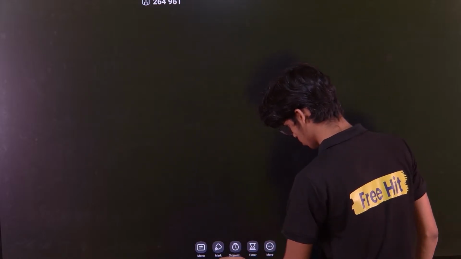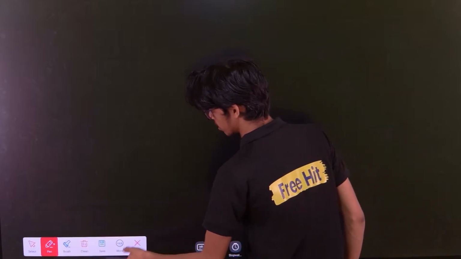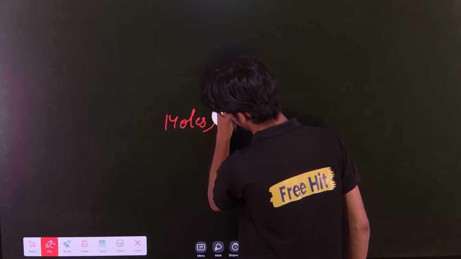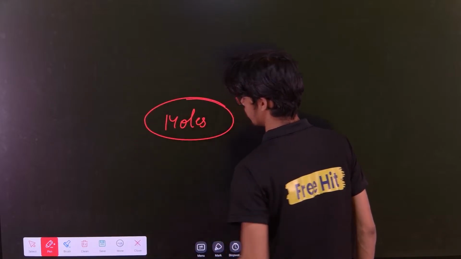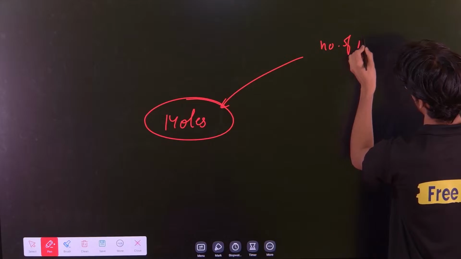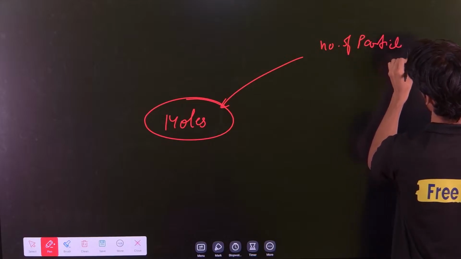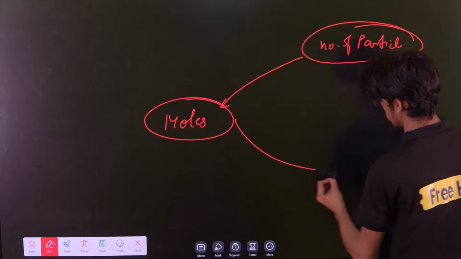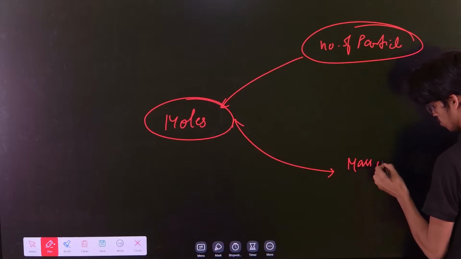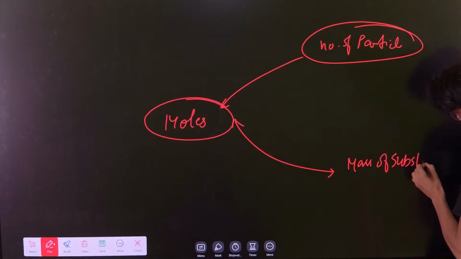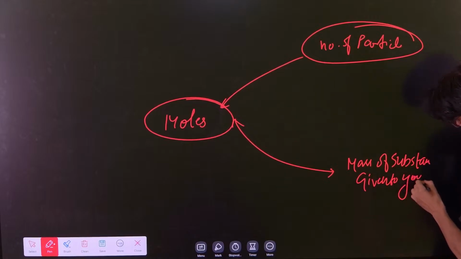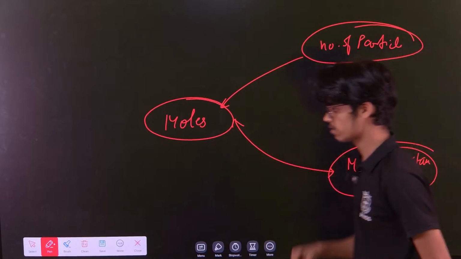We can find the number of moles from the number of particles, from the mass of the substance given, and another way is from the volume of gas.